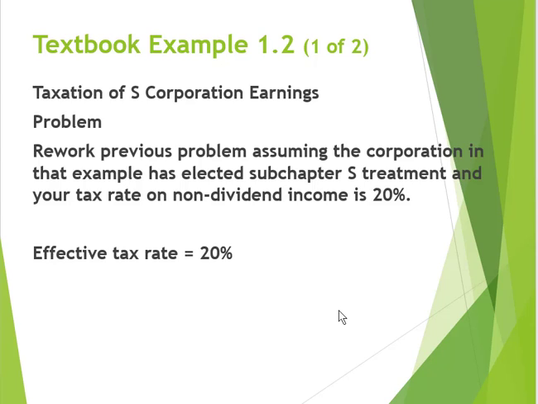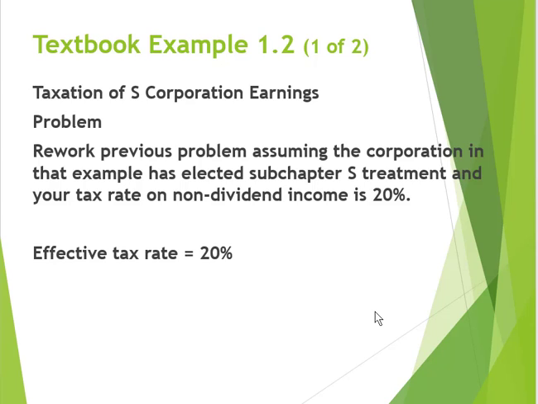So 20% of the $8 is $1.60. $1.60 divided by the $8 is a 20% tax rate. So in an S corporation, since all the income is accumulated into one pile, the effective tax rate at the S corp rate is 20%.